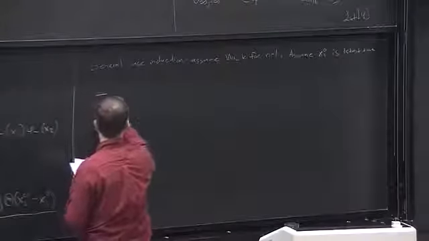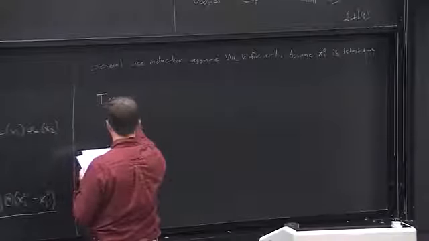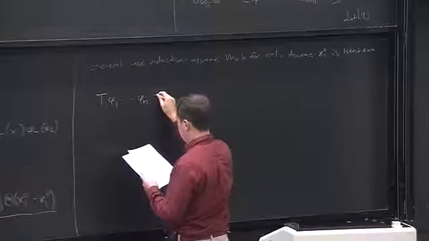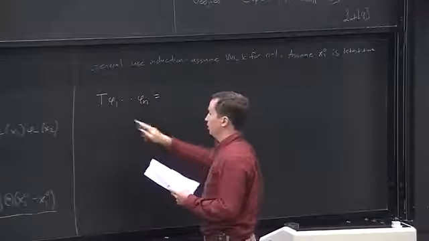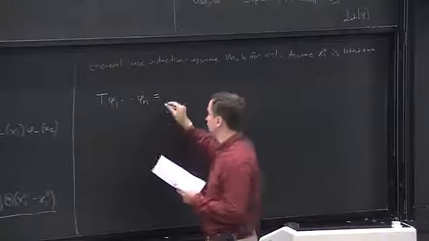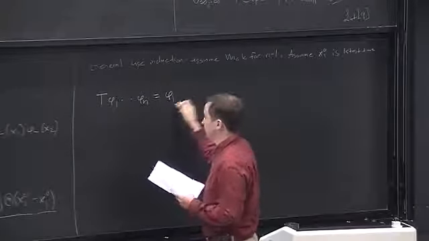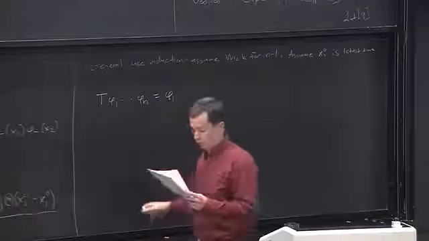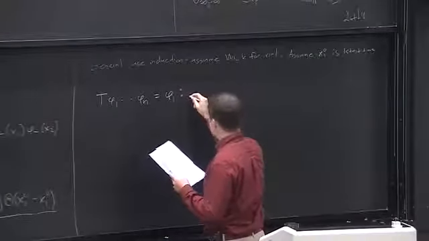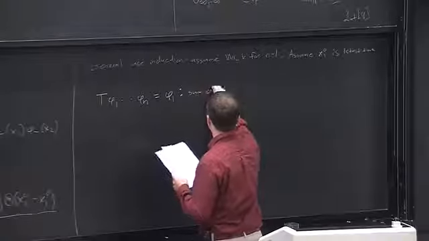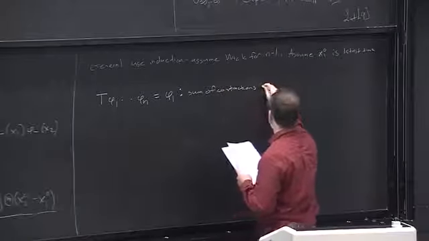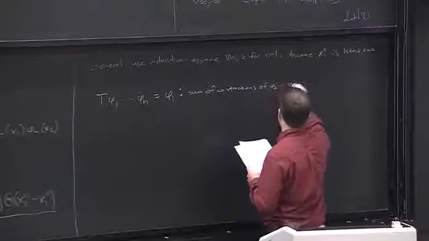Then we have that T of phi 1 up to phi n is, well, we can use the fact that this is time ordered to write this as phi 1 times the time ordering of the rest. The time ordering of the rest is, by Wick's theorem, assuming it holds for n minus 1 fields, the normal ordering of the sum of the contractions of phi 2 up to phi n.